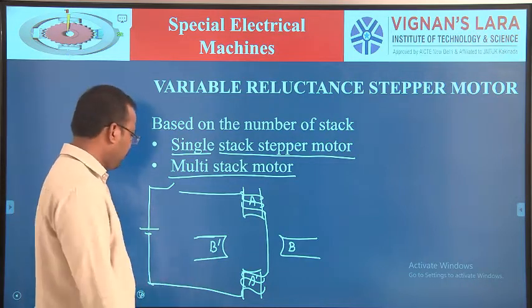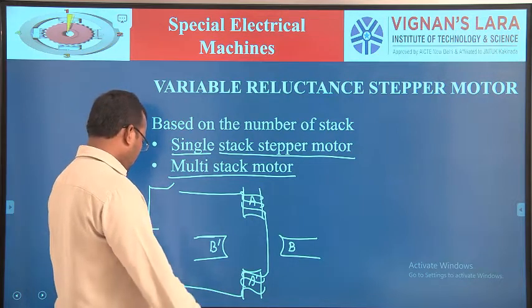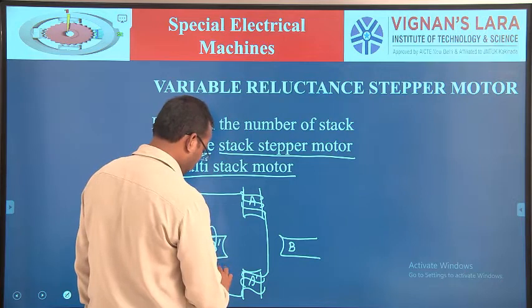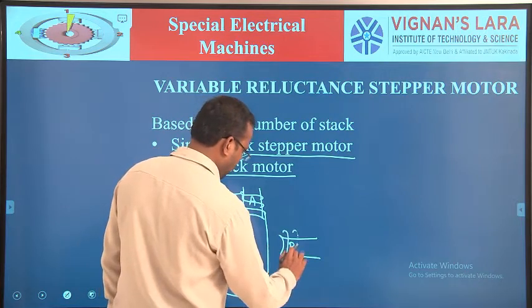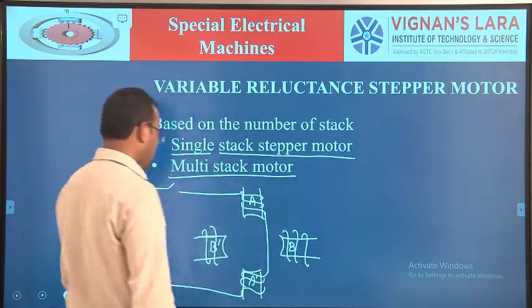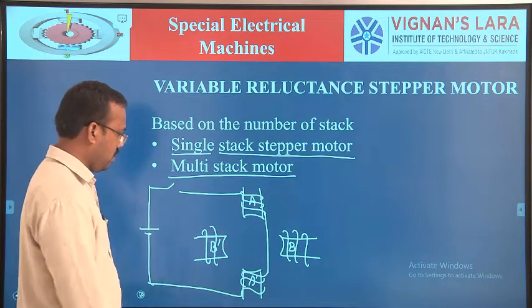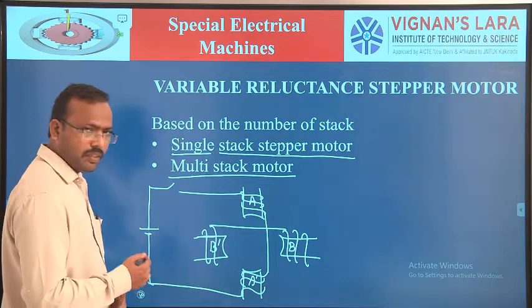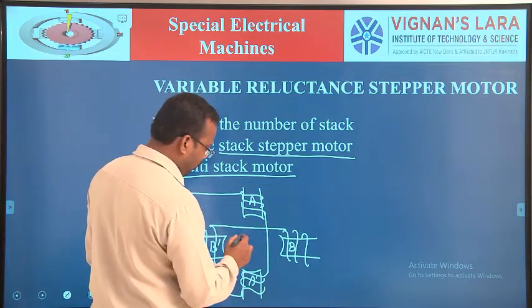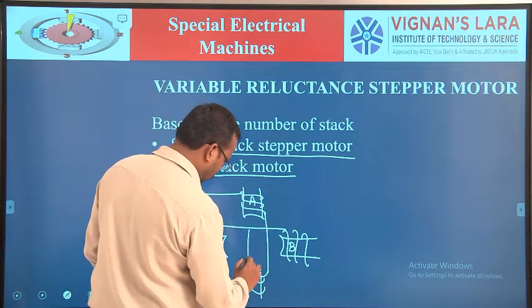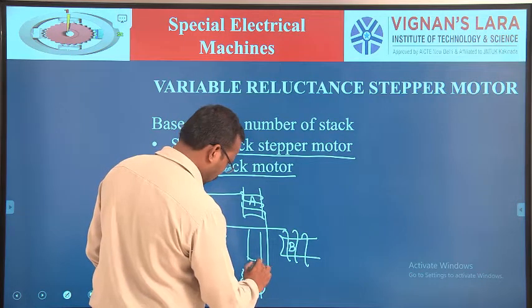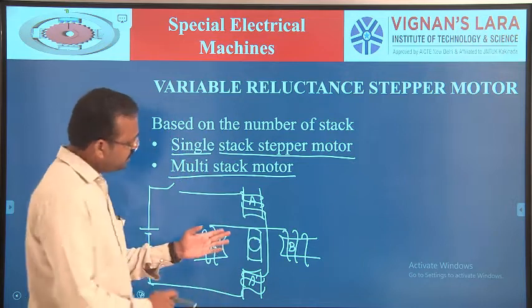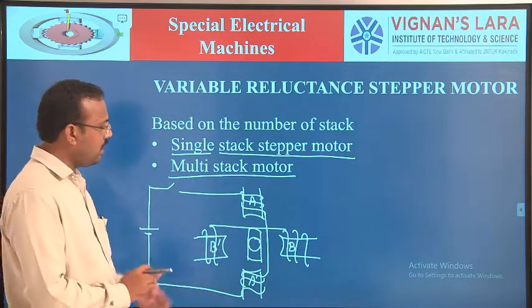Similarly, you can form phase B and connect its switches. Then we have the rotor; suppose I have a 2-pole rotor. This is your rotor. This means only a single stack.